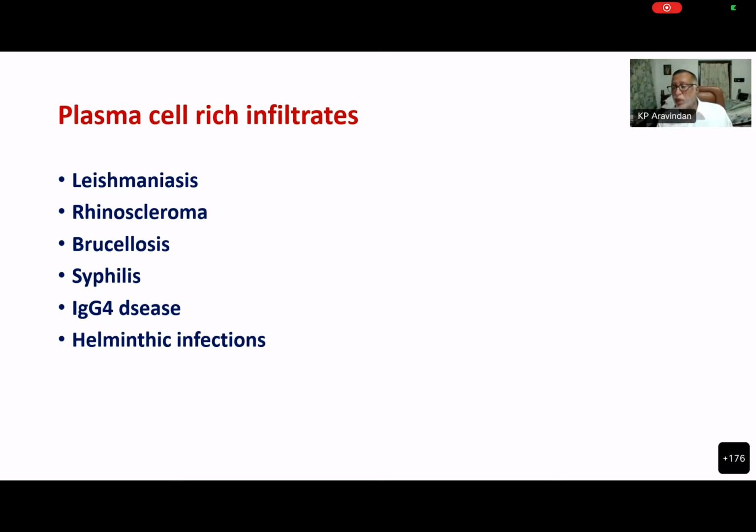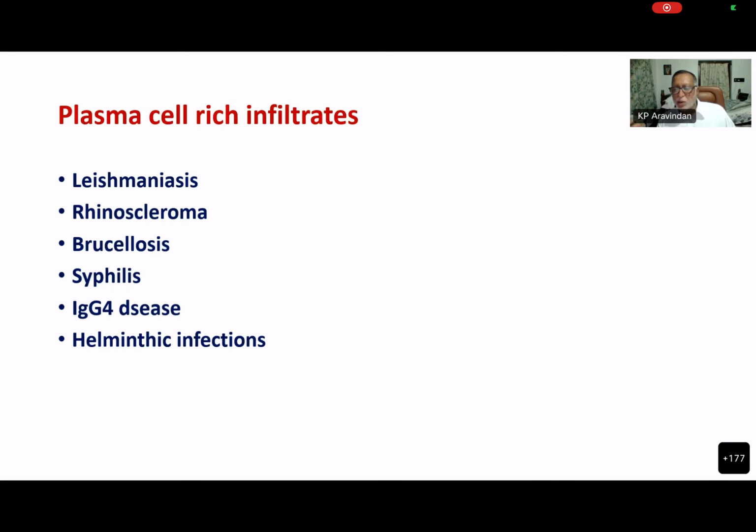Rhinoscleroma is a condition where you find lots of plasma cells with Russell bodies. Brucellosis, syphilis, particularly when you find plasma cells tightly clustered around blood vessels in a coat sleeve pattern, should alert you to syphilis. Recently, we had a case of secondary syphilis.